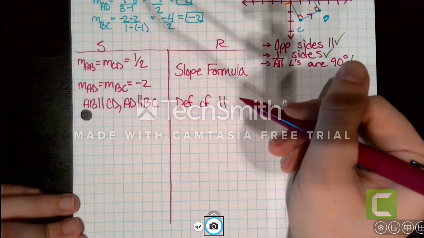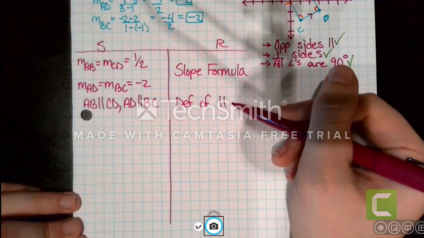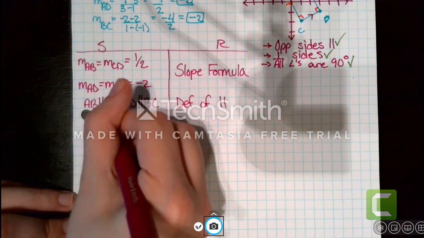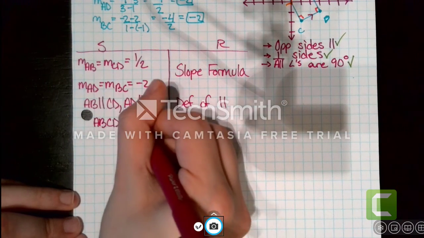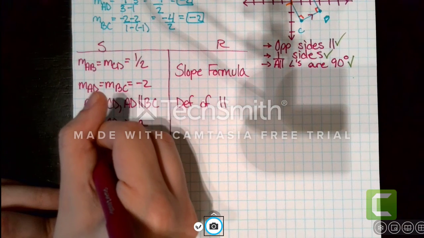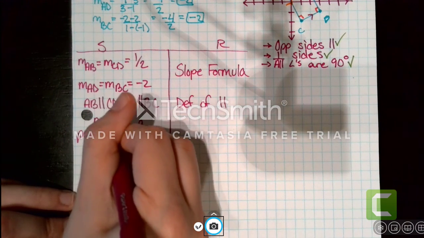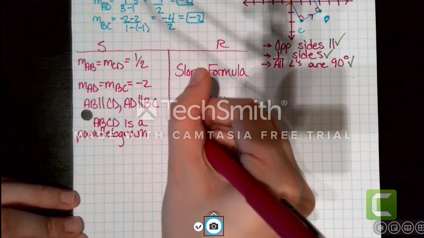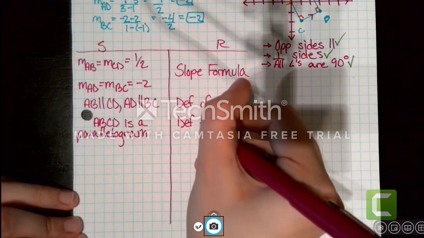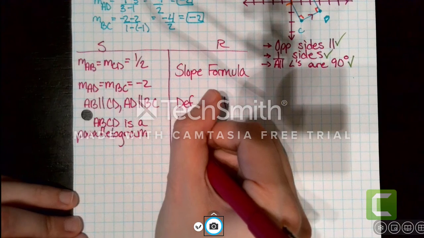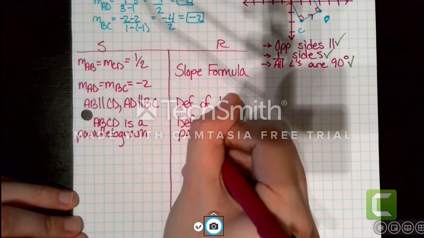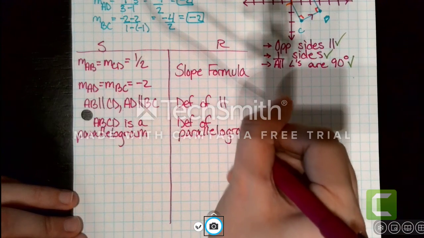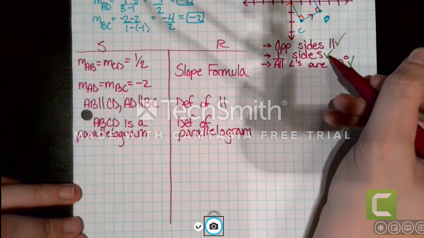And just like in examples 1 and 2, when you've proven opposite parallel sides, you've also proven that the shape ABCD is a parallelogram by the definition of the shape. Now we need to prove what makes it unique from a parallelogram, and again, that goes back to the perpendicular sides.